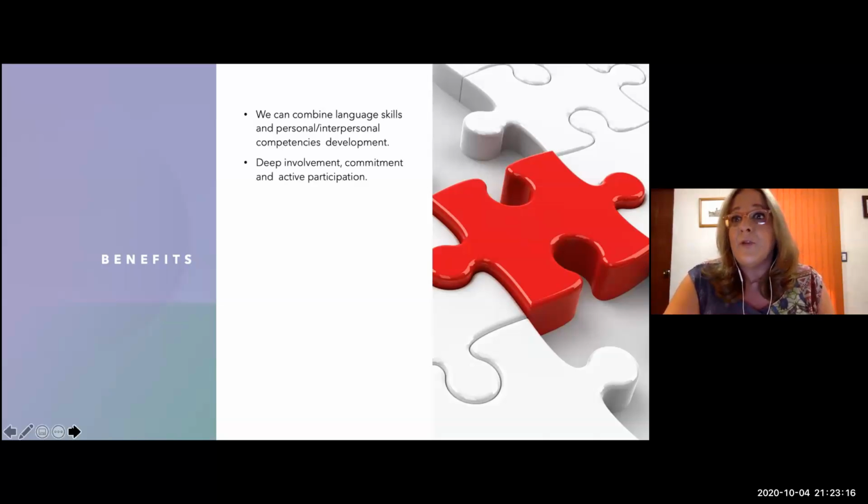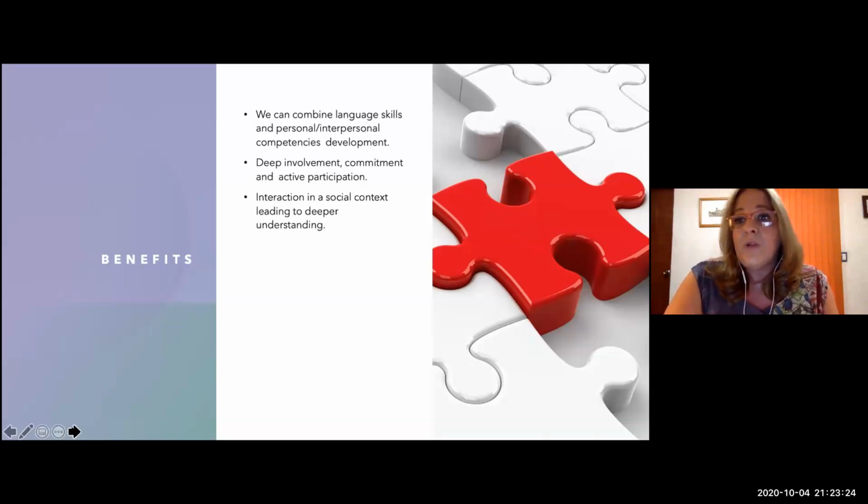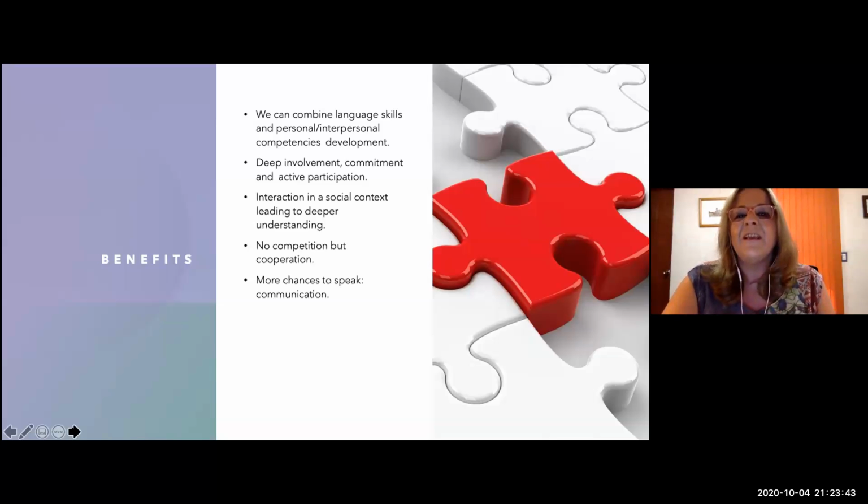Of course, we have active participation by the students, which means deep involvement and commitment. Knowledge will be constructed through interaction in a social context, which leads to deeper understanding. There is a focus on cooperation, so there is no real competition, but cooperation and collaboration.